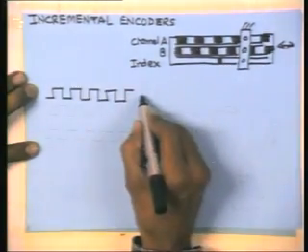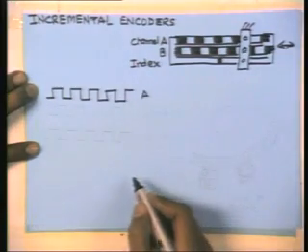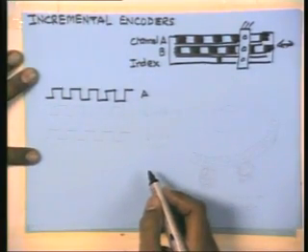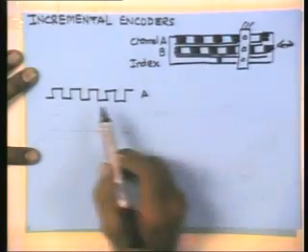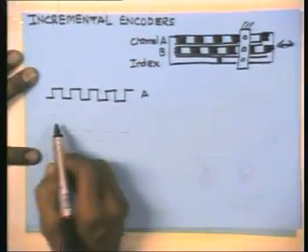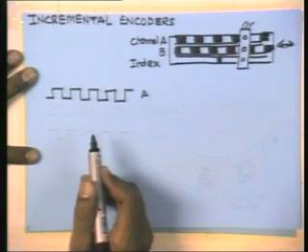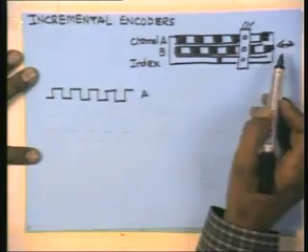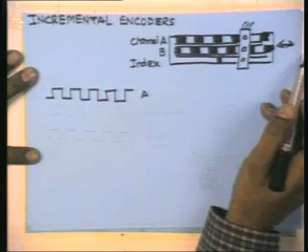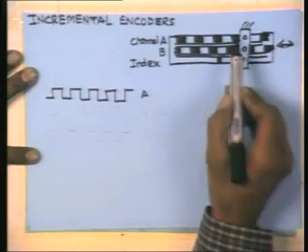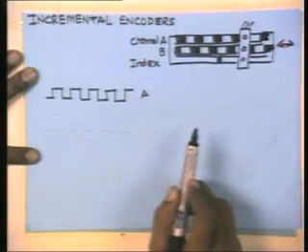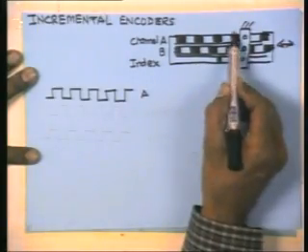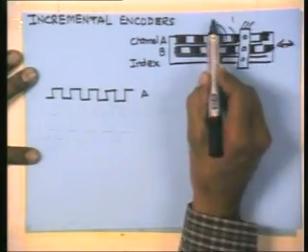Okay, so let's say this is channel A. Channel B, in relation to channel A, is going to be a quarter cycle behind, because if it's moving to the right, this black will come first, assuming this is 1, as we have been assuming earlier. So this corresponds to 1 and this corresponds to 0, let's say.